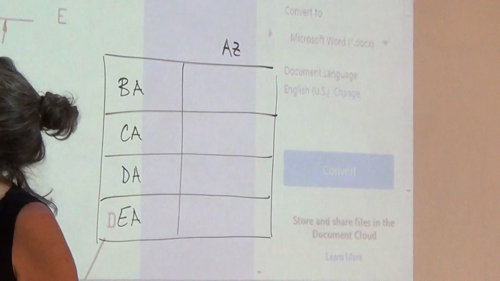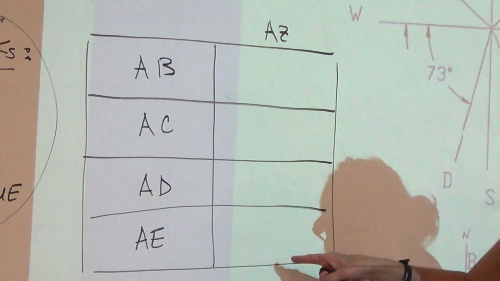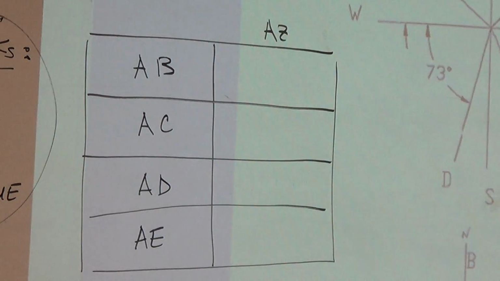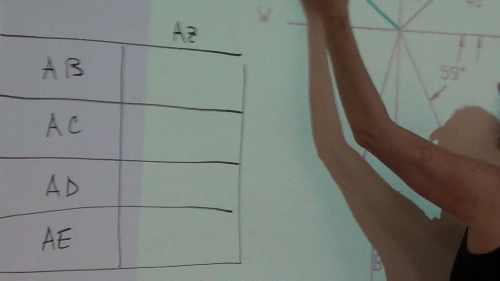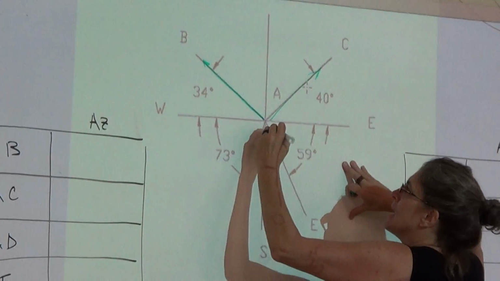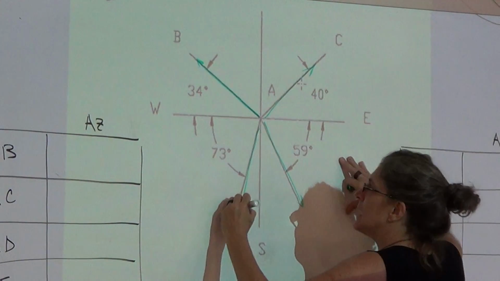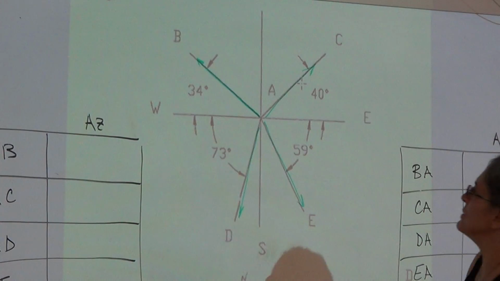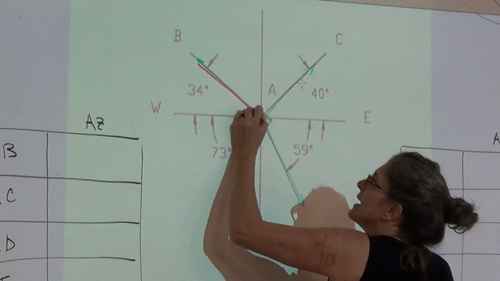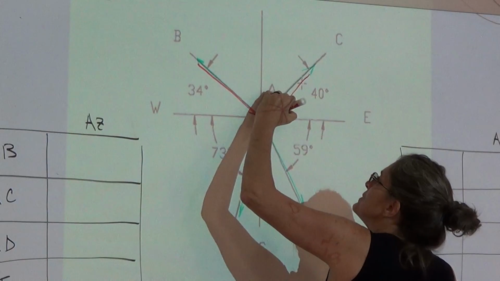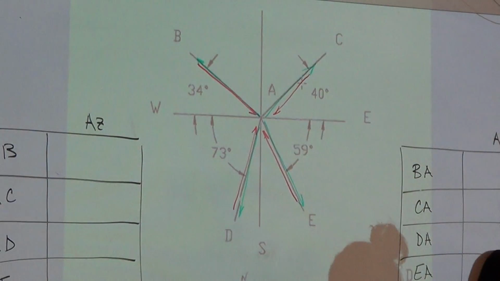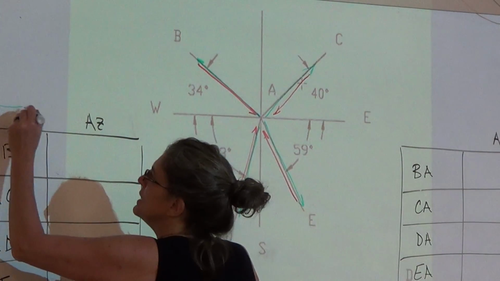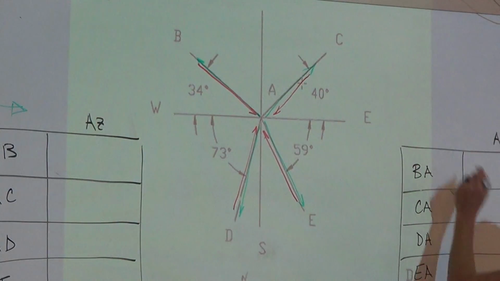So going from A to B, A to C, A to D, A to E, what is the azimuth? And then I wanna know what the azimuth is going back, from B to A, C to A, E to A, and D to A. So this is the green arrow, and this is the red arrow.